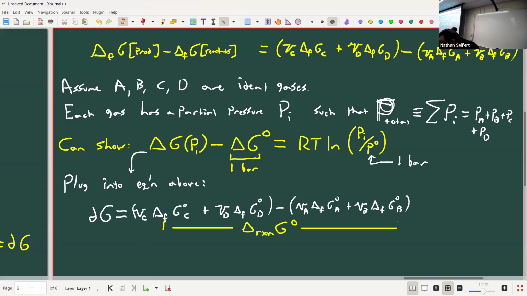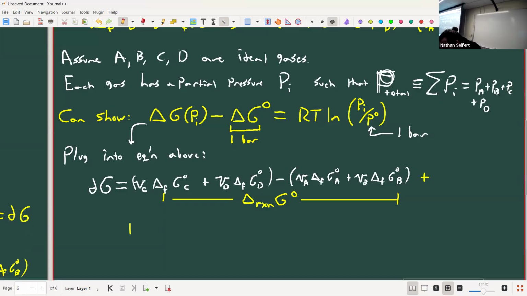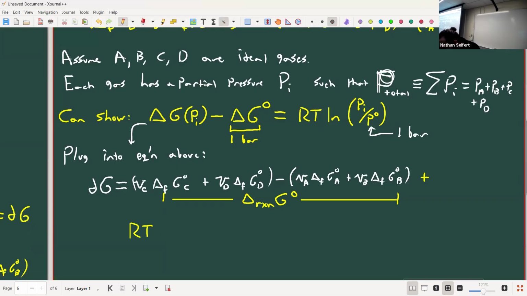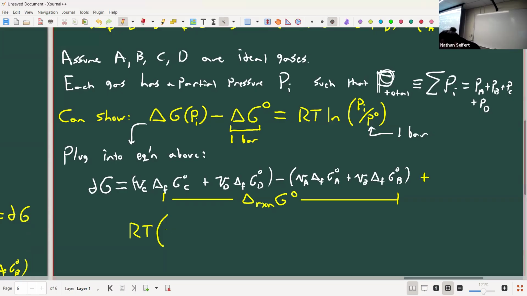So this whole thing right here is just delta reaction of G, the Gibbs energy change at standard conditions, plus RT times, let me get rid of that log, a rather nasty equation, but it's going to simplify a lot.